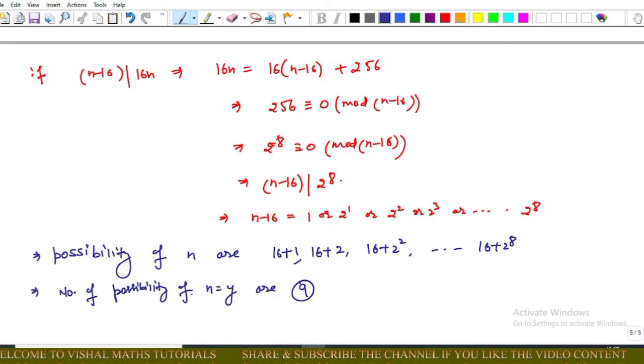So corresponding to each y, we also have x.